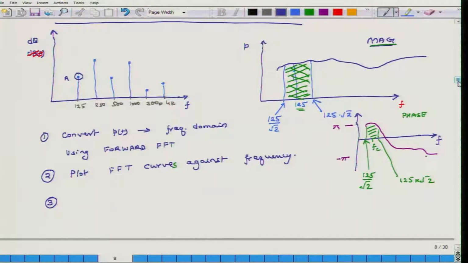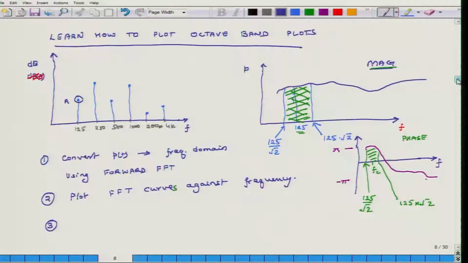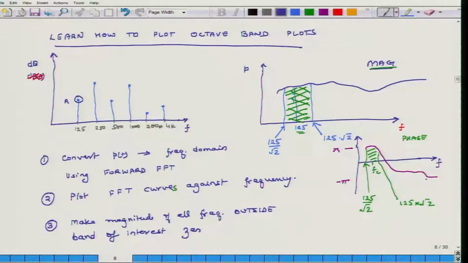The third step is to make the magnitude of all frequencies outside the band of interest 0.